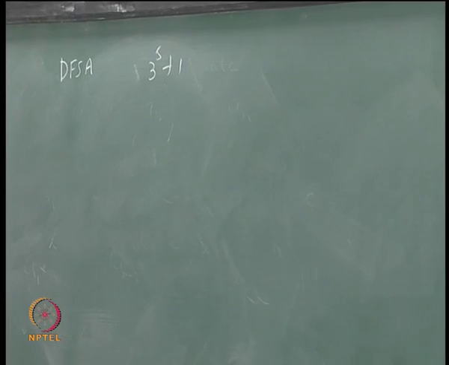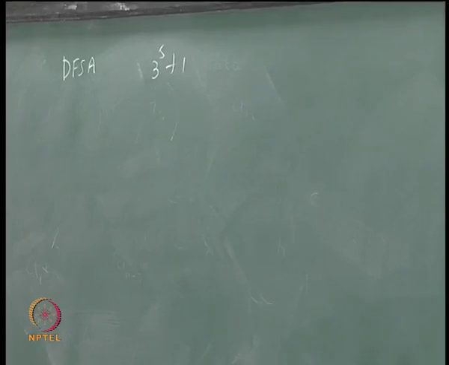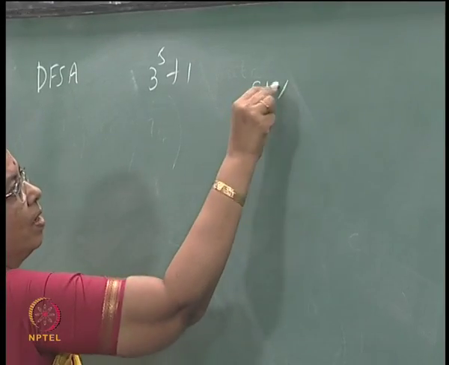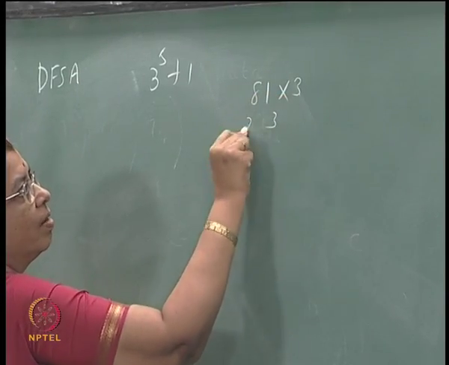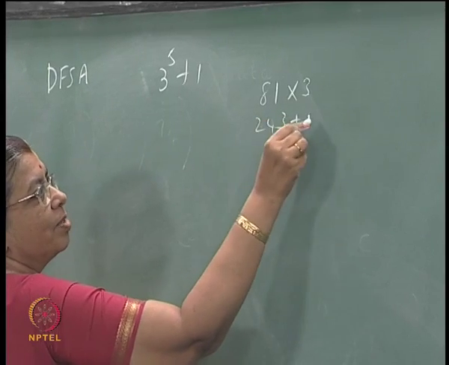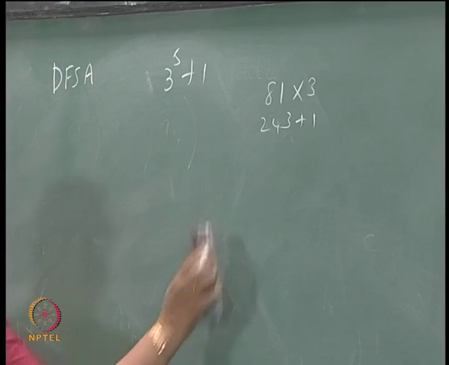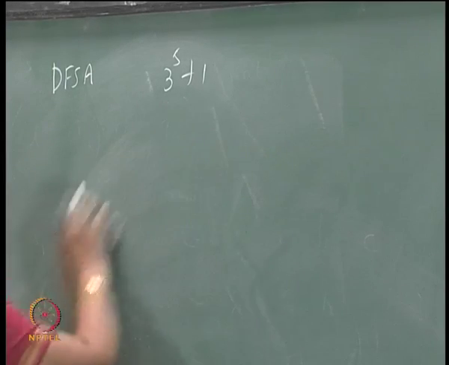How is that? What is 3 power 5? 81 into 3, 243, plus 1, 244 states. 244 states it will have.